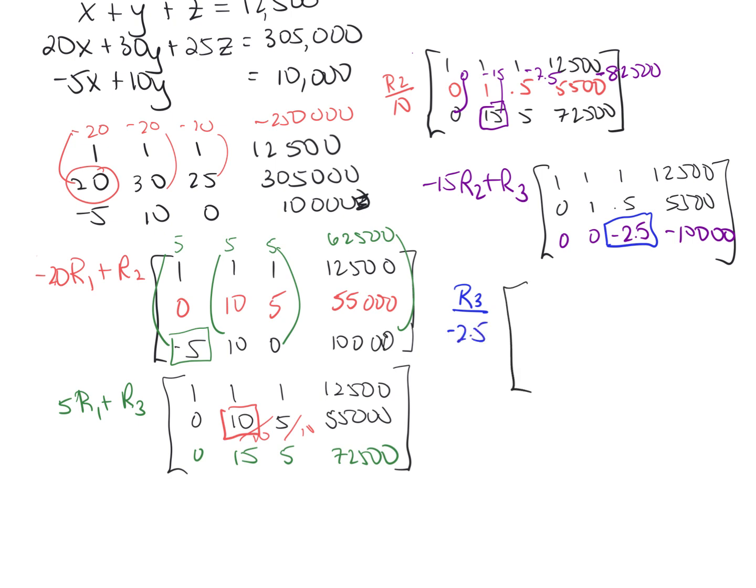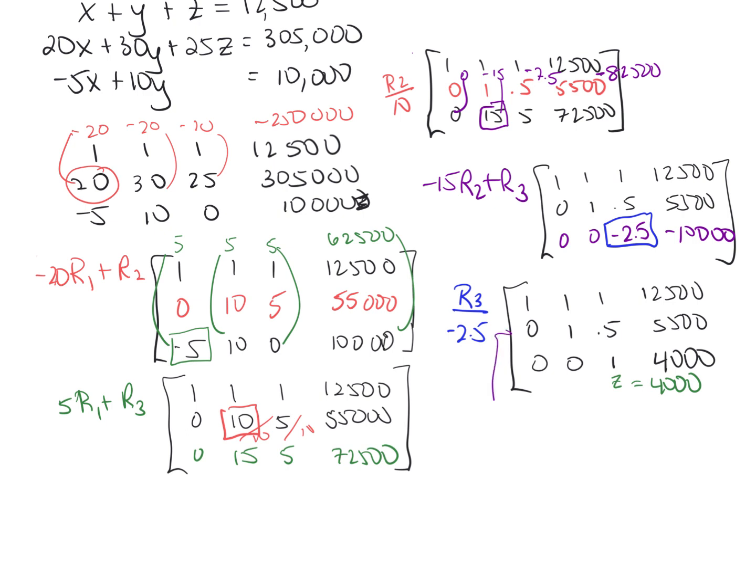So row 1, 1, 1, 1, 12,500. 0, 1, half, 5,500. 0, 0, 1, and then 10,000 divided by 2.5 is 4,000. Okay, what the heck does that tell us? So let's call this our Z. So Z is 4,000.